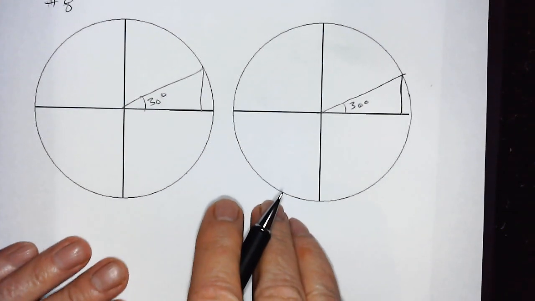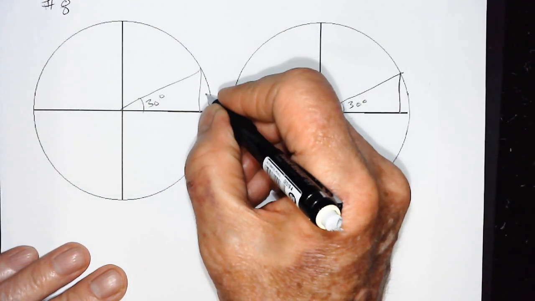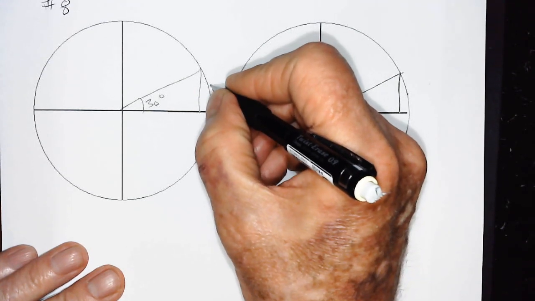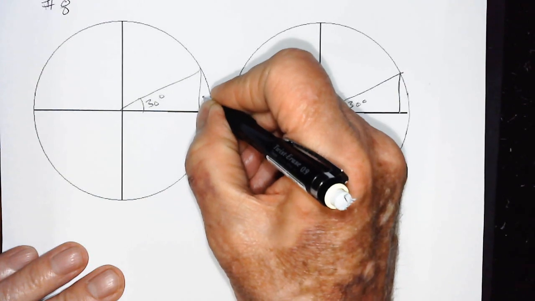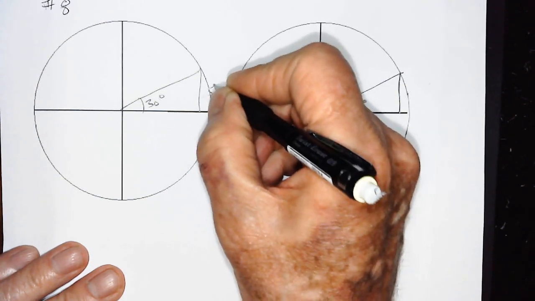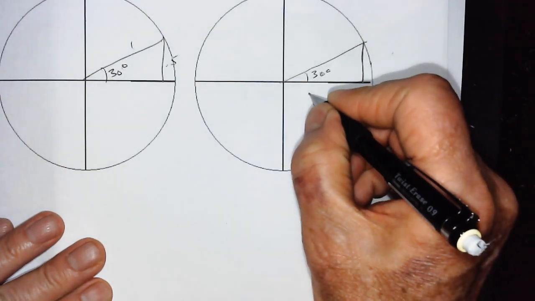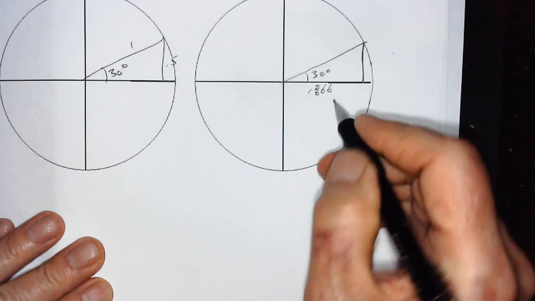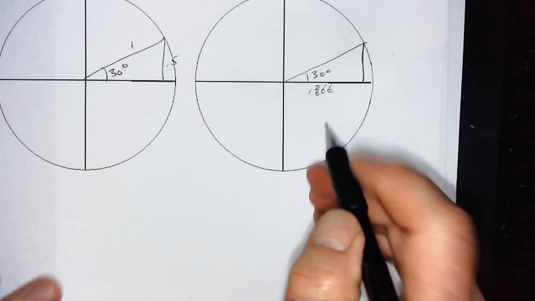Anyway, the sine, remember, was the opposite over the hypotenuse, which, with decimals, is 0.5 over 1. And this one, we talked about this in the general video, is really the square root of 3 over 2.